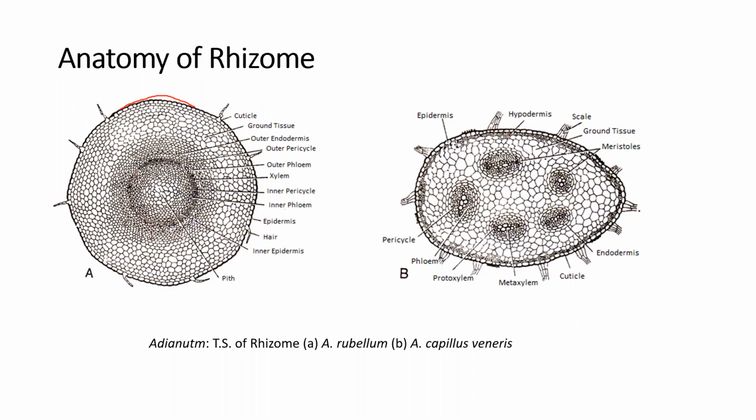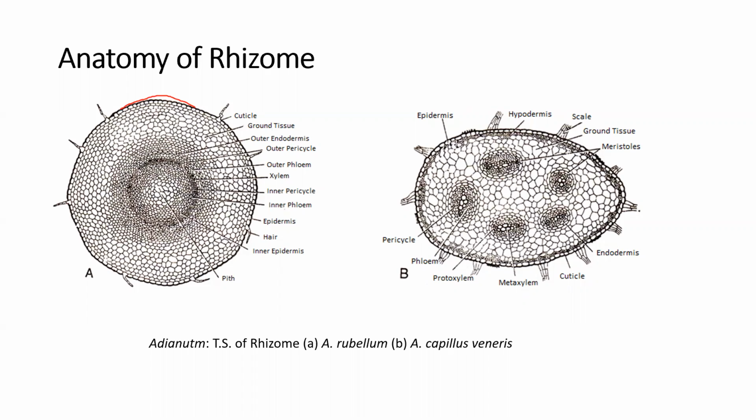In Adiantum capillus-veneris, a two-layer hypodermis made up of sclerenchymatous cells with thick walls and without any intercellular spaces has been found.